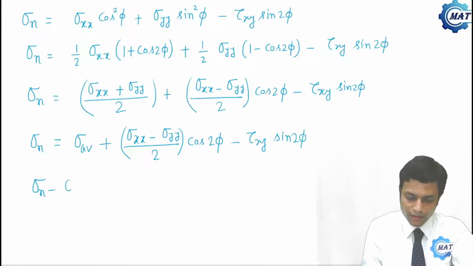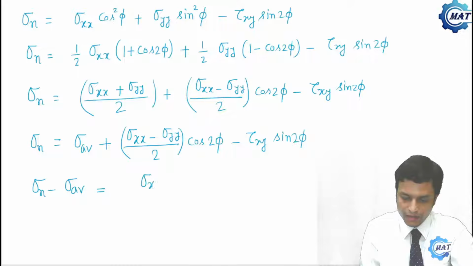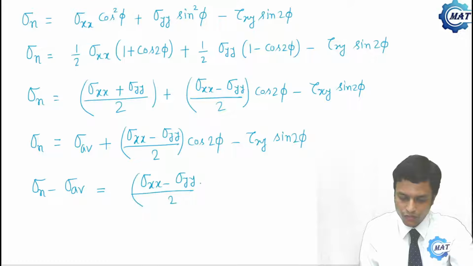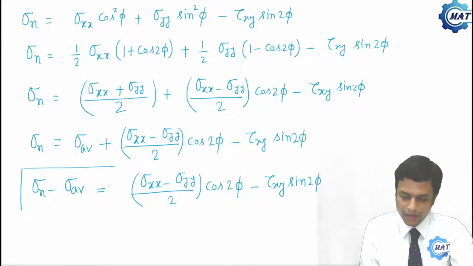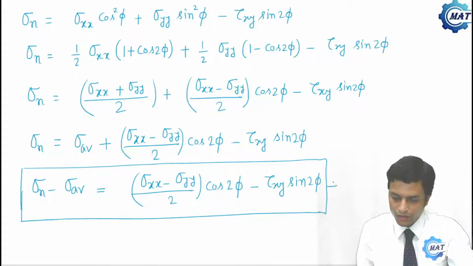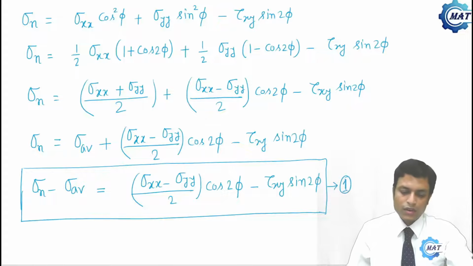Or sigma n minus sigma average is sigma xx minus sigma yy by 2 cos 2 phi minus tau xy sin 2 phi. And let me give a number to this equation. This is equation number 1.